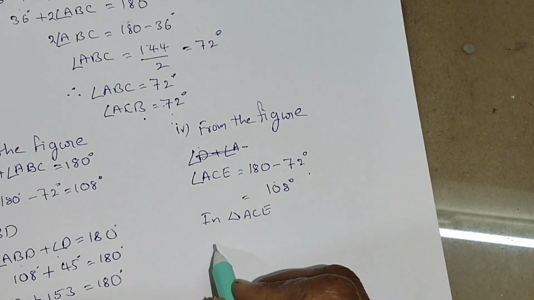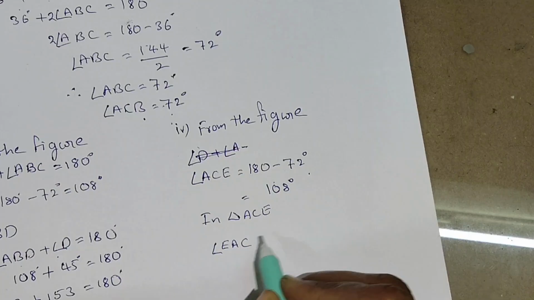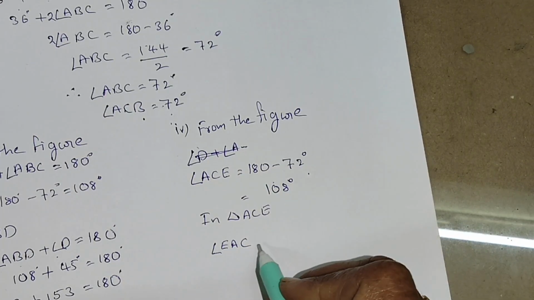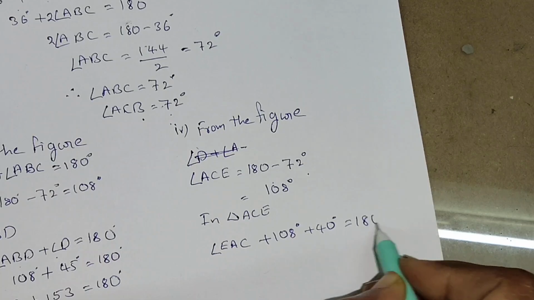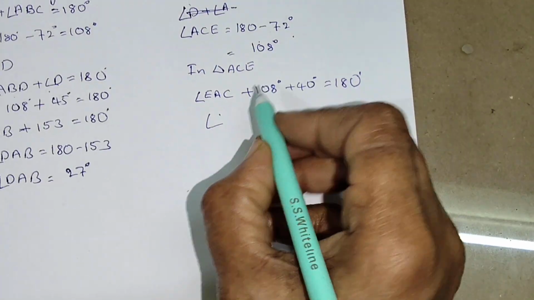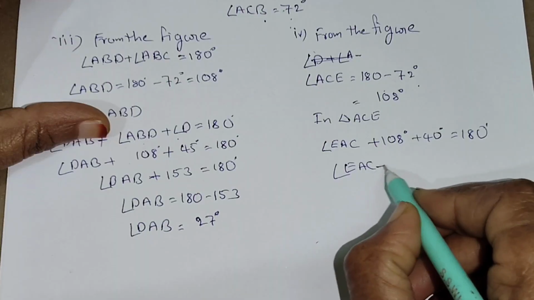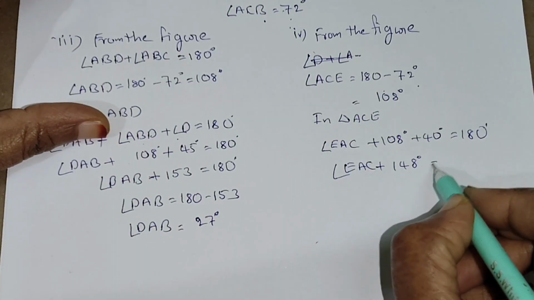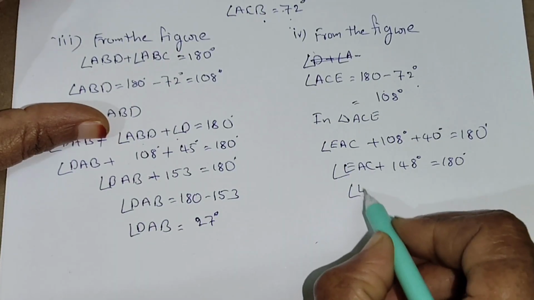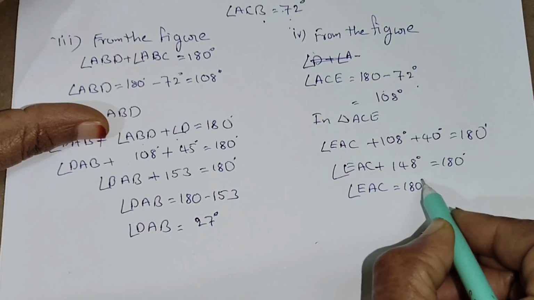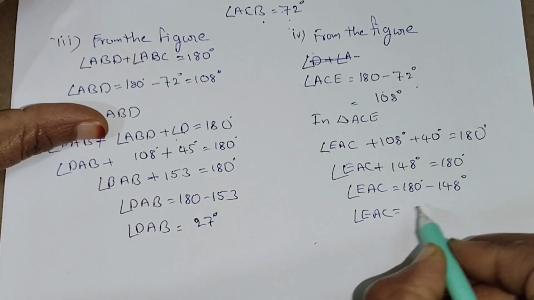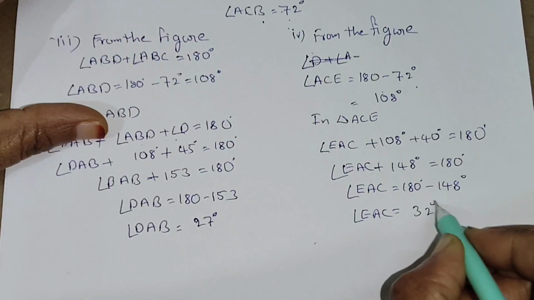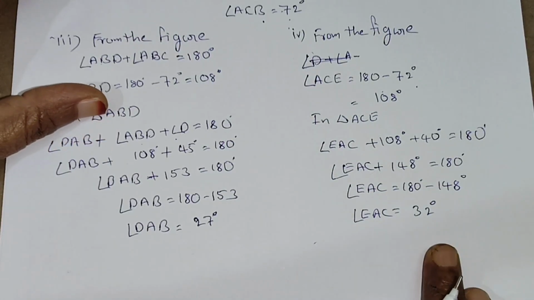So angle EAC plus 108 plus 40 degrees equals 180. So angle EAC plus 148 equals 180, so angle EAC equals 180 minus 148. So angle EAC equals 32 degrees. This is the fourth answer.